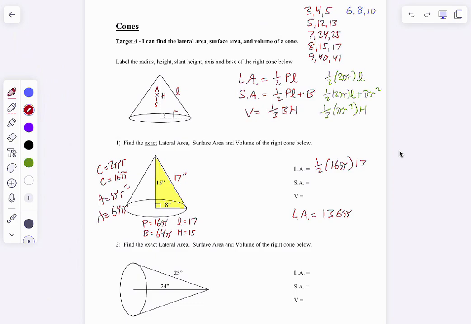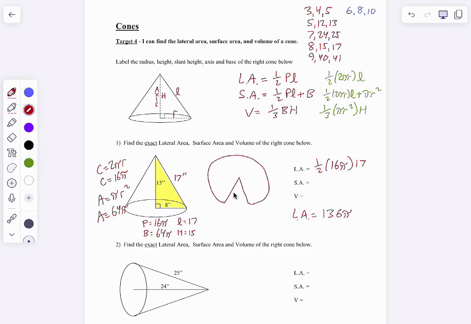Now, if you unroll a cone, let me explain what it looks like. And you can make a cone at home by doing this. If you take a circle and you cut out a piece like you're making a Pac-Man symbol, that would be what a cone looks like. I don't know if I could do a great job of drawing this, but this is what a cone looks like unfolded.